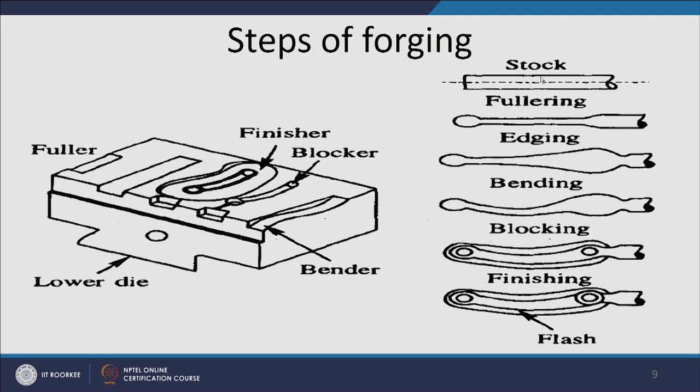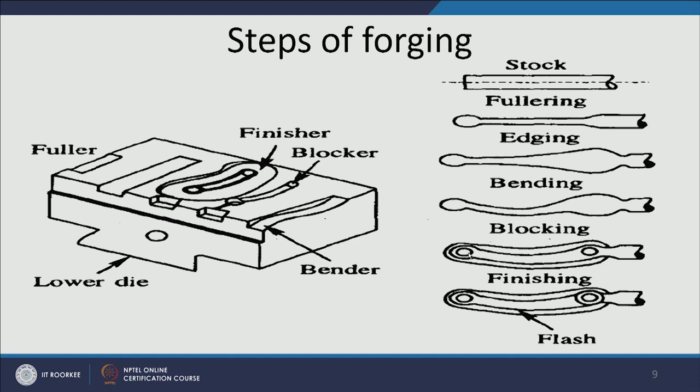This is the raw stock, and the raw stock is first of all brought to the desired cross section by the fullering process, and then the required volume of the material for the final product is achieved in the edging step, and then as per the shape the bending is carried out, and after the bending we do the blocking.